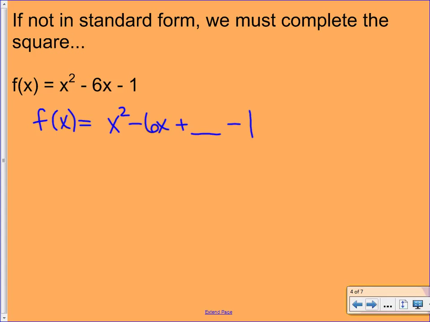Am I allowed to just add something to my function? No. Okay, so we need to balance this out. Now we can either add the same thing to both sides, or what would our other option be? We could add something to one side and then how could I balance it out a different way?